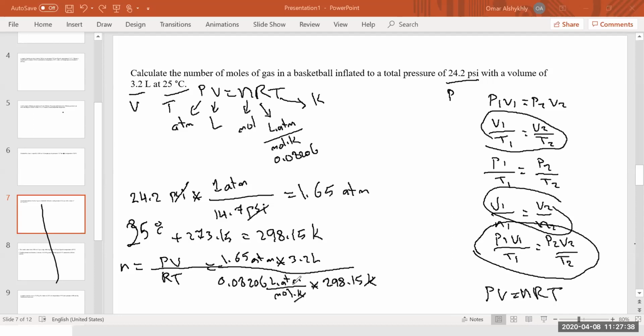So Kelvin with Kelvin, liter with liter, atmosphere with atmosphere. Do the math and your answer will be in mole.